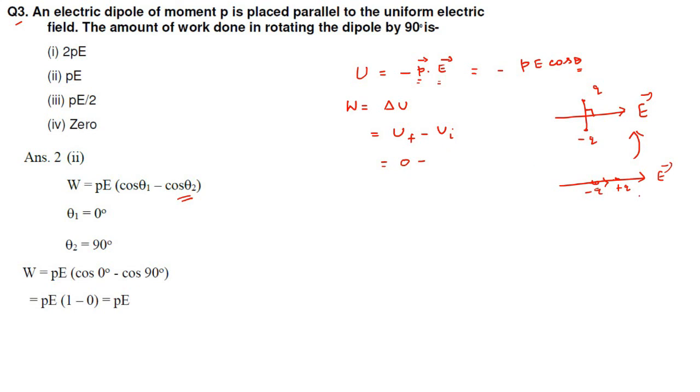Initial position means this one, where theta is 0, and cos 0 is 1, so you get minus PE. So minus of minus PE is PE. Same answer you are getting. So the correct option is PE, option 2.